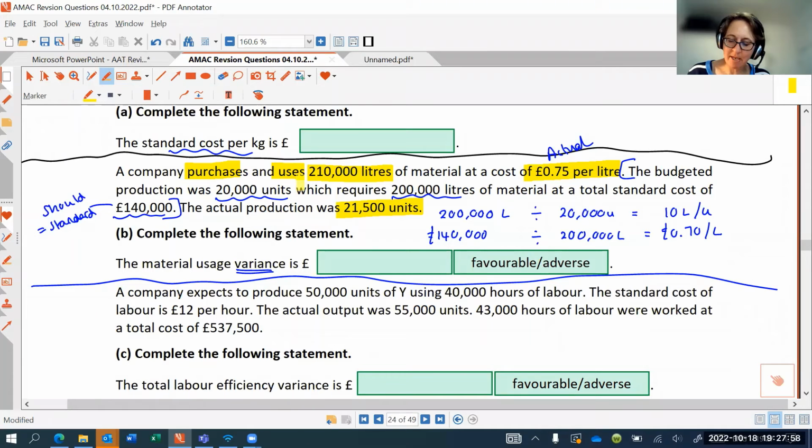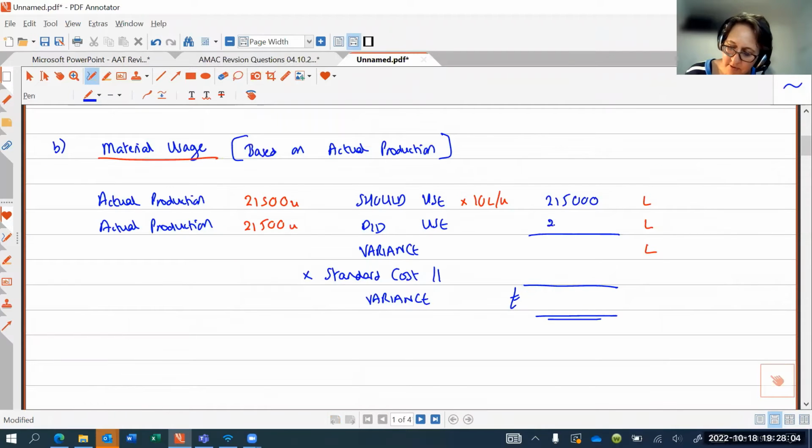In the actual information from the first sentence, a company purchases and uses 210,000 litres. So let's put our 210,000 litres in there. So we should use 215,000. We did use 210. We didn't use as much as we'd planned. Things turned out better than expected. So we've got 5,000 litres there as a favourable variance because things are better than we planned.